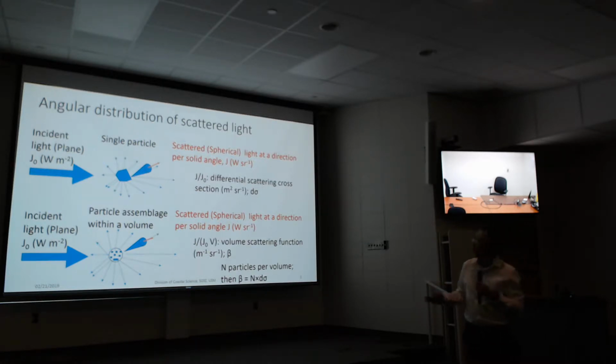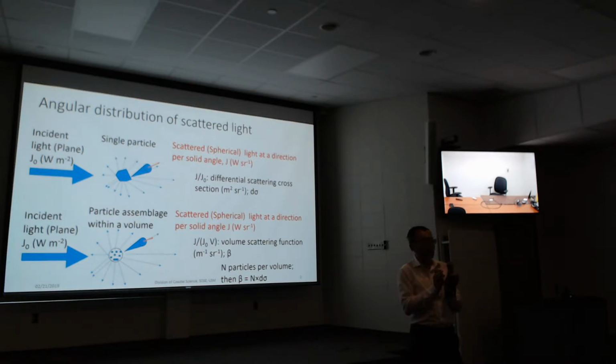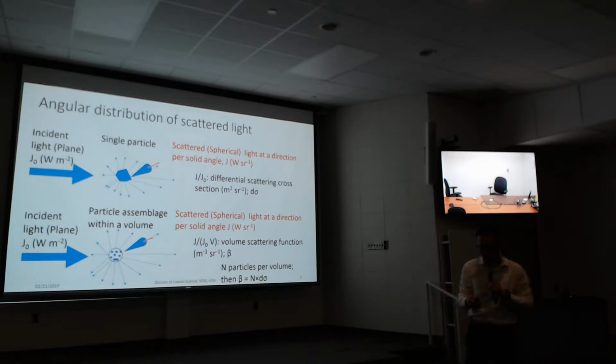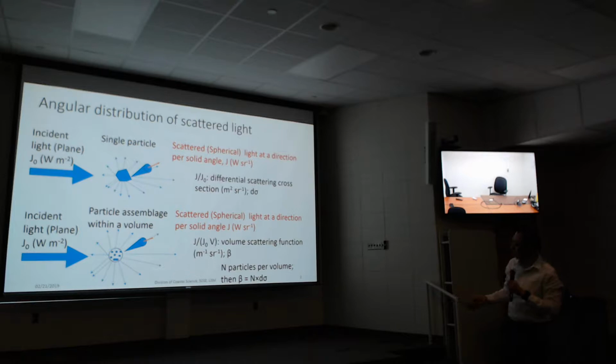And what is the solid angle? If you imagine light coming from a source in one direction and spreading out like an ice cream cone, the solid angle defines how big that angle is. So now we have this volume scattering function.